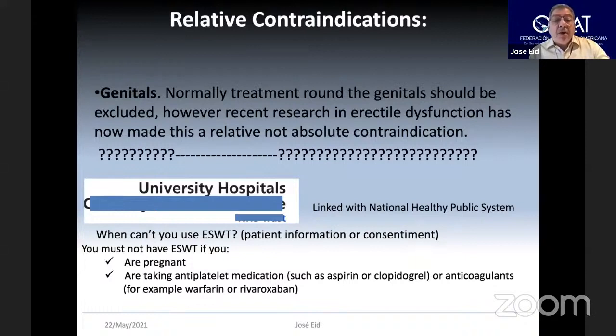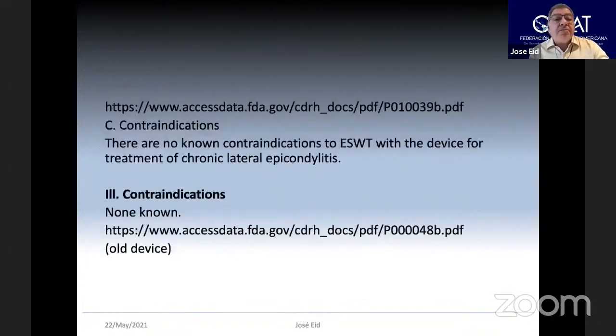pathologies. When you look in the second or third page in Google or Yahoo or another kind of search, sometimes you find a national health public system. They don't look for the contraindication, but they tell us about patient information or consent, saying that anticoagulant medication should be avoided and the patient cannot do the treatment.